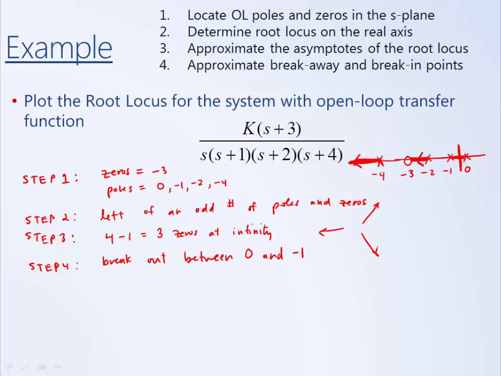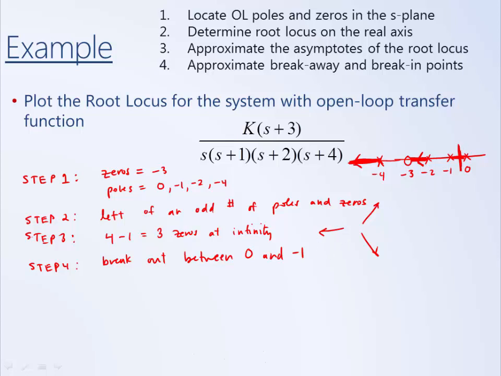In general, when you have just 2 branches coming together like that, they will break out or break in at 90 degrees, at right angles to one another. And these, once they break out, will then approach these 2 asymptotes. So the branch that started at -4 approached the asymptote at 180.